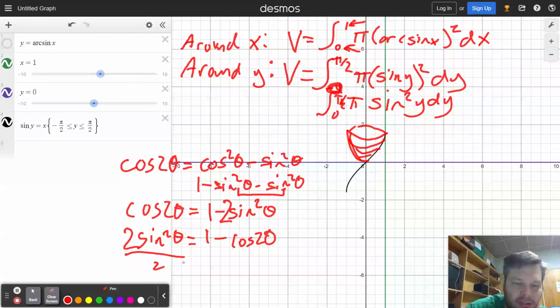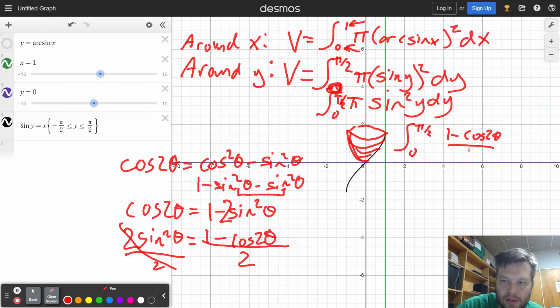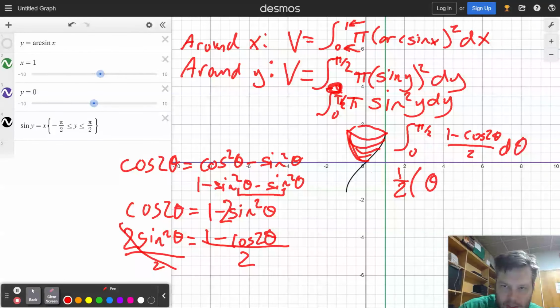So I know that sine squared of theta can be replaced with (1 minus cosine of 2 theta) over 2. Now my integral becomes, same bounds from 0 to pi over 2, (1 minus cosine of 2 theta) over 2. We can just pull the 1/2 in front. The antiderivative of 1 is just theta.